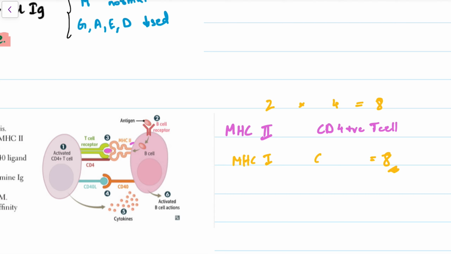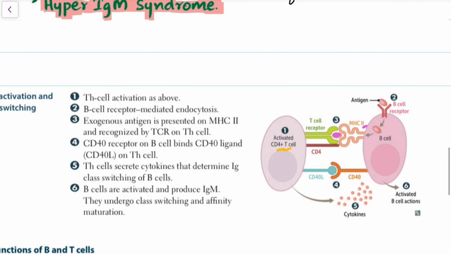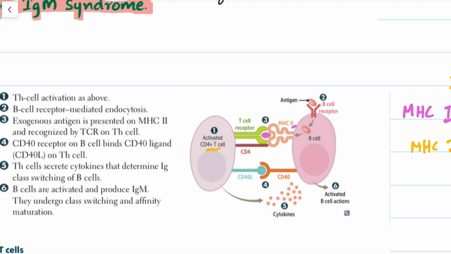So it presents the antigen to the CD8 positive T cell. So this is one rule. Since there's an MHC class 2 receptor in this B cell, it will present the antigen to the CD4 positive T cell. So it presents the antigen to this T cell receptor.